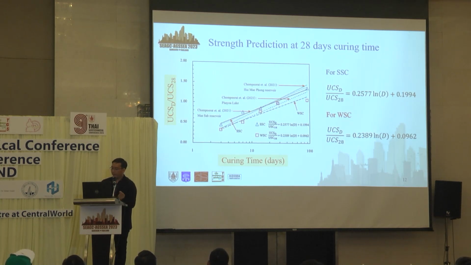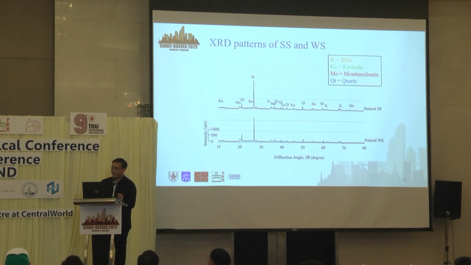In the same way, we were able to use the strength at 28 days curing time because this is the time when most of the cementation reactions are complete. In order to explain strength development, I will show the X-ray diffraction analysis results. The results indicate that both natural soils have quartz and clay minerals, including illite, kaolinite, and montmorillonite.